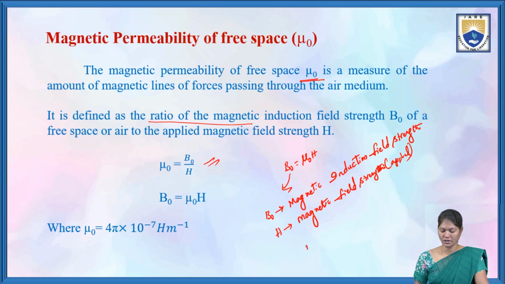So B naught is equal to mu naught H, where mu naught is equal to 4 pi into 10 power minus 7 Henry per meter.